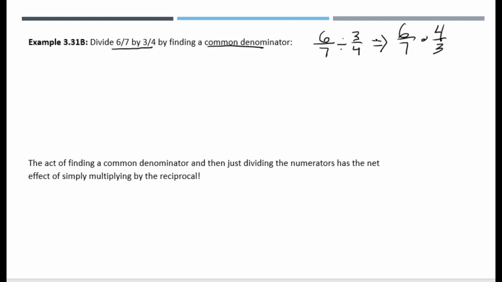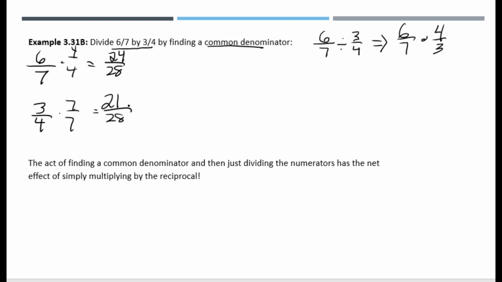So let's do this. Let's find a common denominator between 6/7 and 3/4, which I see 7 times 4 is 28, and that's the one we're going to use. Multiply by 4/4. I get 24/28. Multiply by 7/7. I get 21/28.